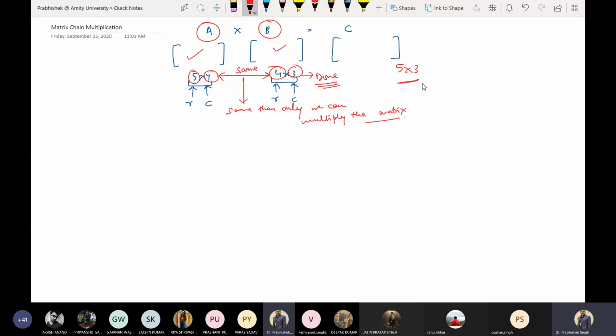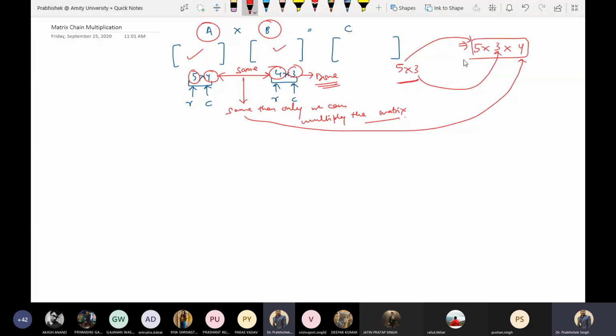And what is the total number of multiplication operations required? It will be equal to 5 into 3, where 3 comes from this 3, into 4, and 4 is the common term. So this is equal to 60. 5 into 3 is 15, 15 into 4 is 60.